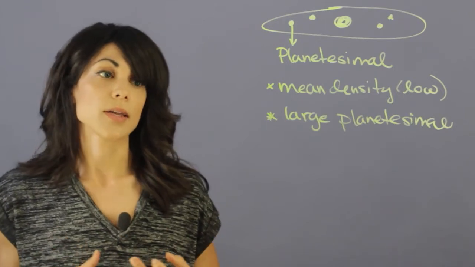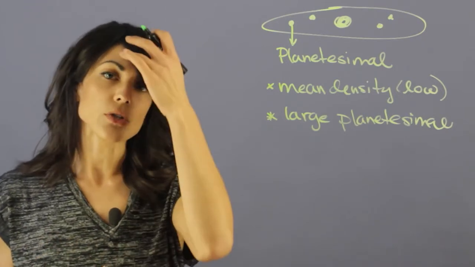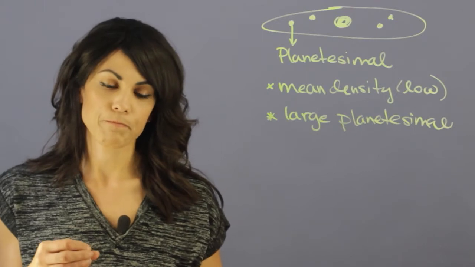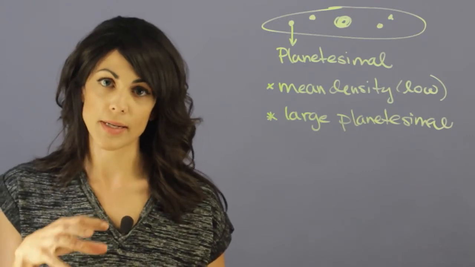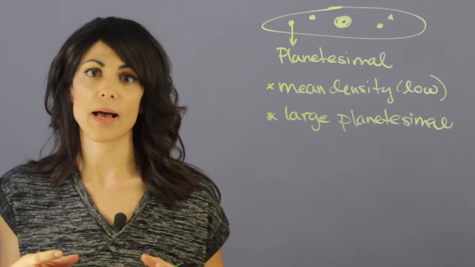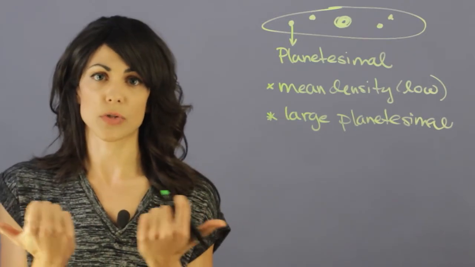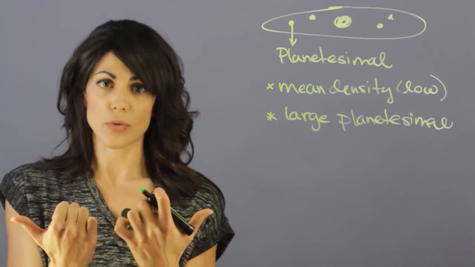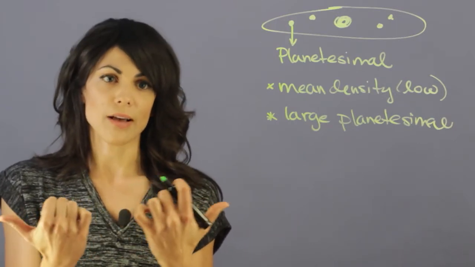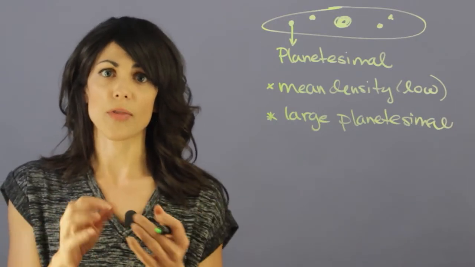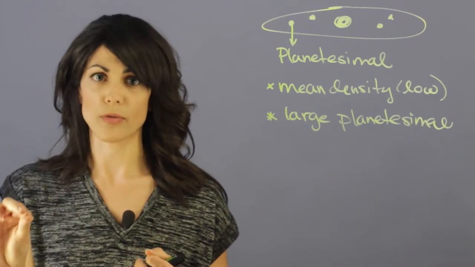Now, we also believe that it could have gone through some collisions. So if the planetesimal, once established in orbit, loses mass, it can actually migrate further away from the Sun, because now the gravitational force, because it depends directly on the mass, has changed. So now the planet is able to migrate further from the Sun.